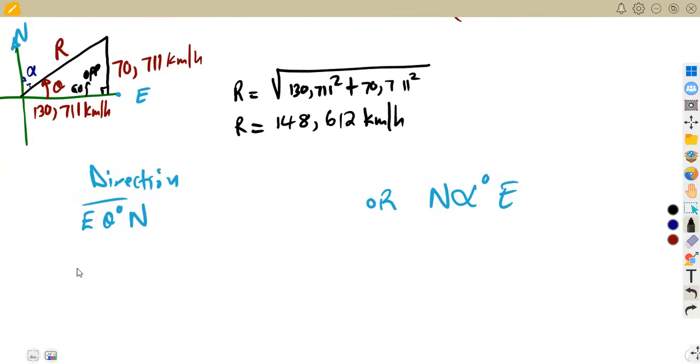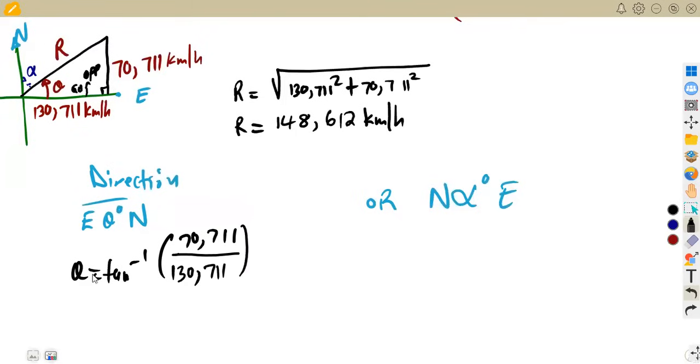So theta is going to be arctan of the opposite, 70.711, over the adjacent, which is 130.711. That gives us theta, which is 28.412 degrees. So we've got our theta.